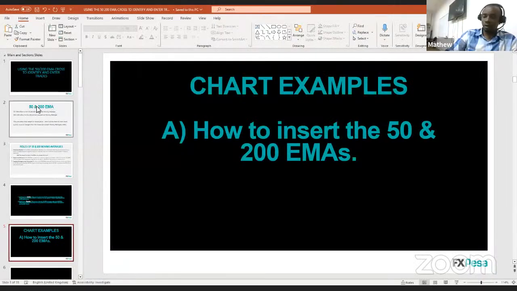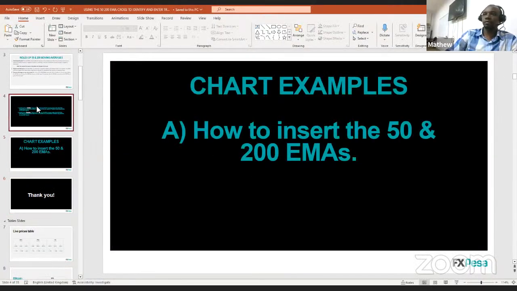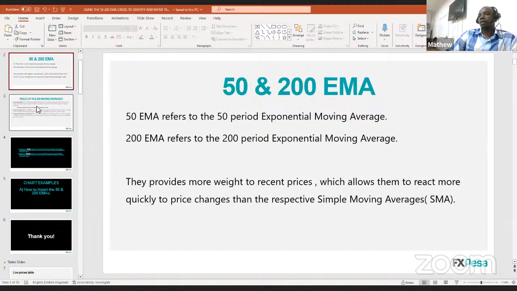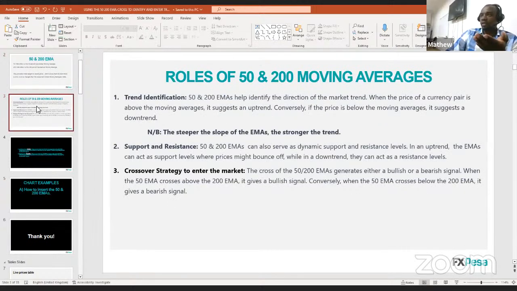Any other question? Or even maybe a suggestion? So let me do a recap. Get to know why we have these. They help in identifying the trend. So if price is above the 50, then it's an uptrend.